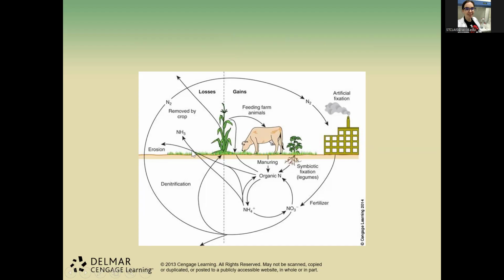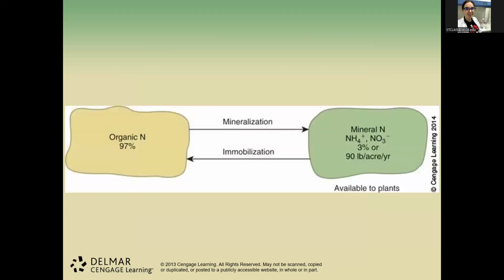If there's erosion because of, for example, too much irrigation or wind erosion, erosion caused by equipment, then that will result in a loss from the soil. And also, of course, the nitrogen that's uptaken by the plants and then is removed by the crop when the cropping or the actual harvest occurs. That is also a loss.